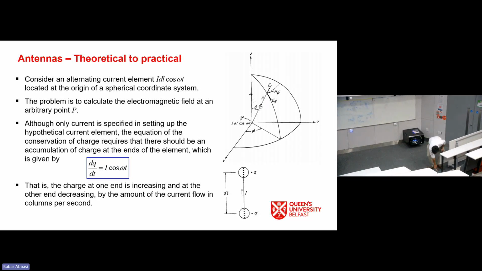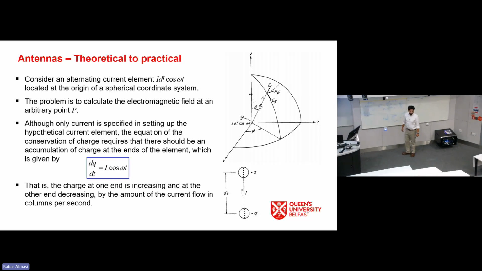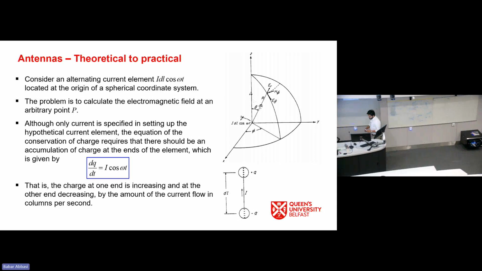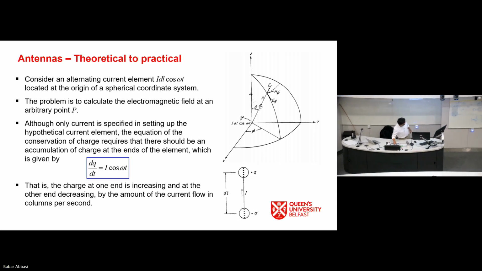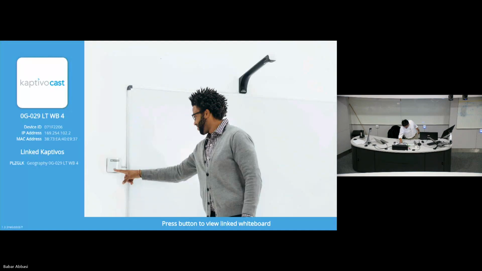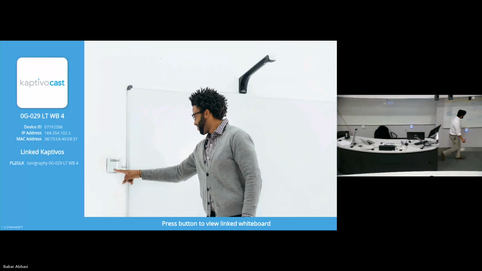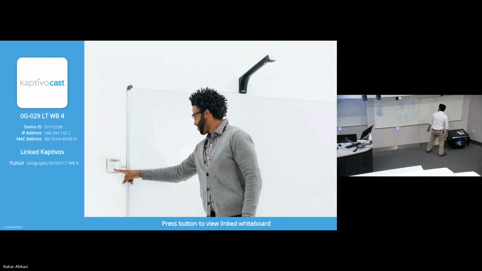So what I need practically is a bunch of these small little things. A bunch of these small little things will give me something like this: a simple positive, a negative.